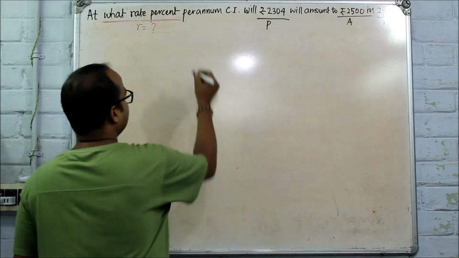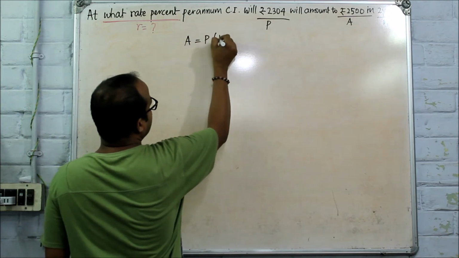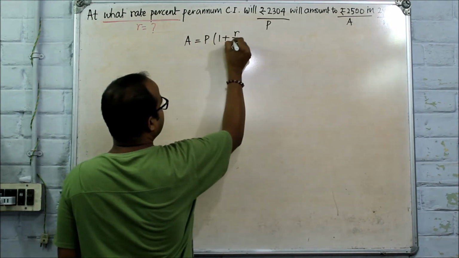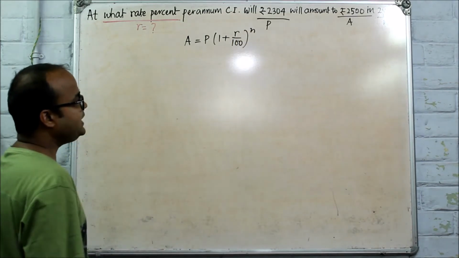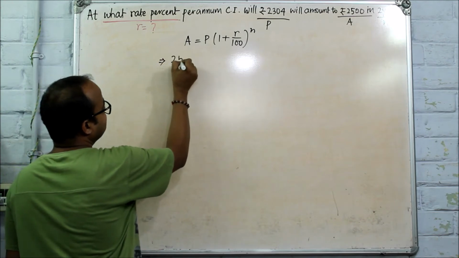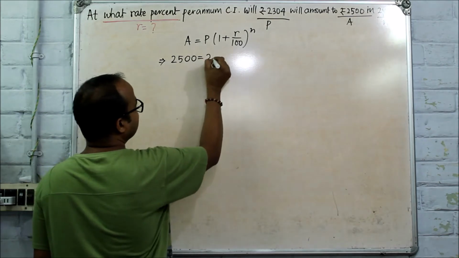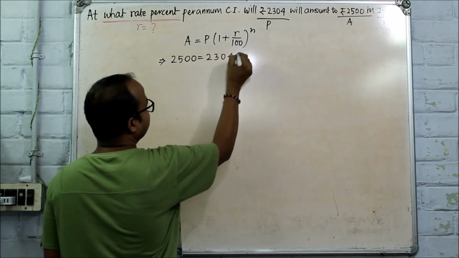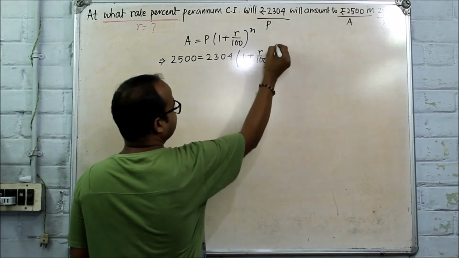So we will apply the formula A is equal to P into 1 plus R by 100 to the power n. In place of A we substitute 2500. In place of P we substitute 2304, into 1 plus R by 100 square.